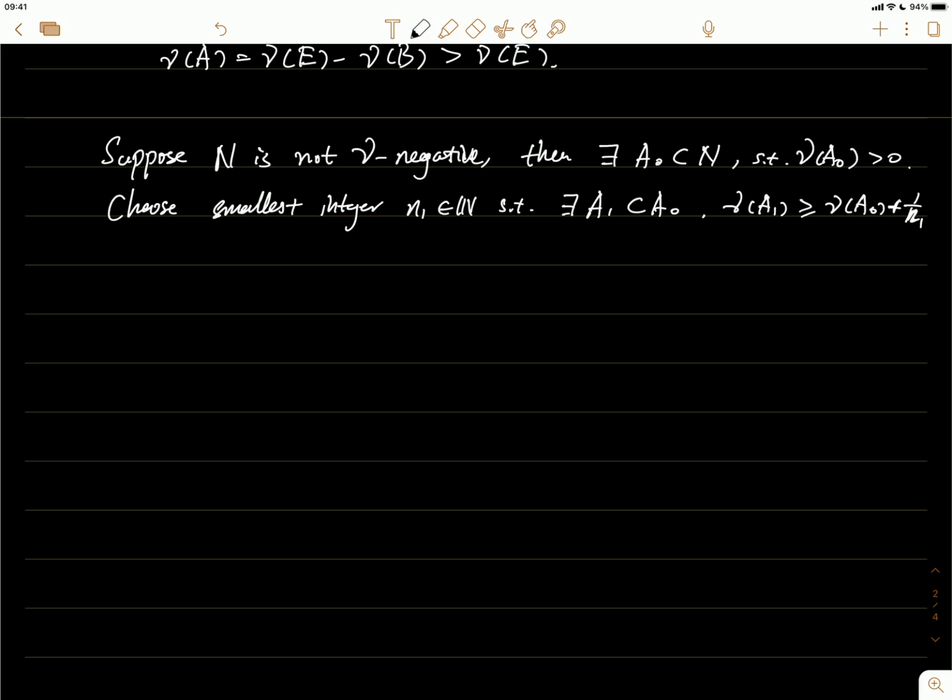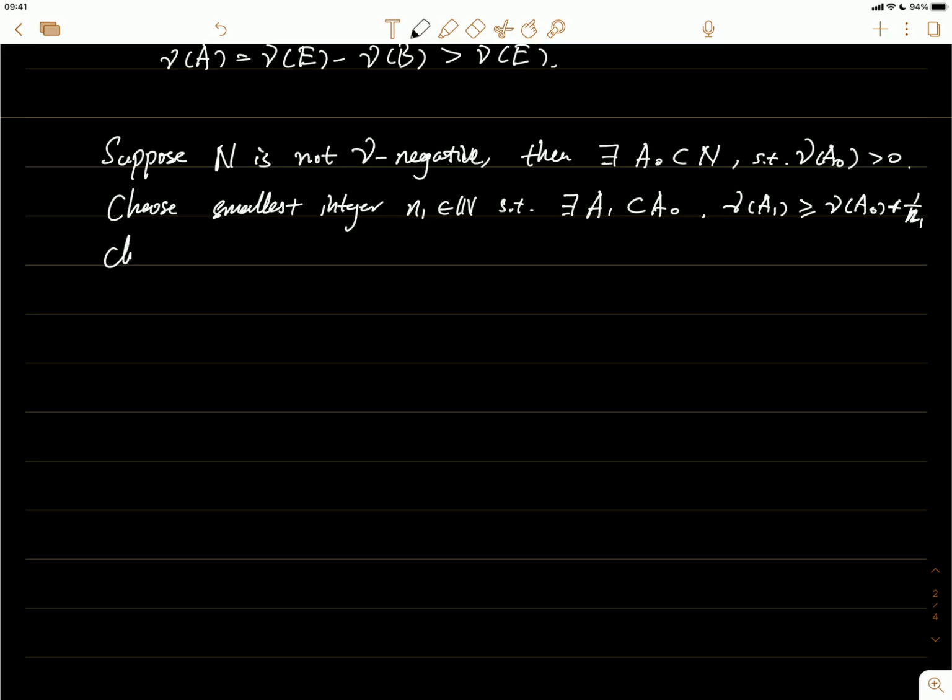And given that, we know that A1 is a subset of A0, which is also a subset of N. We can find a subset of A1 that when we take that part out, the measure of the leftover will be even bigger than the A1. Okay?